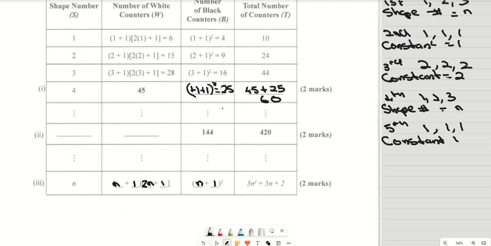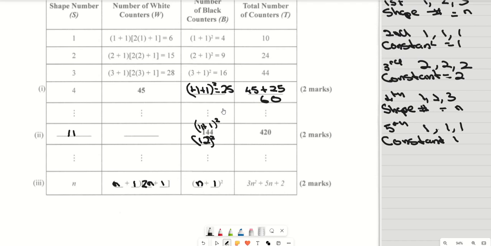The square root of 144 is 12. So we know that it would have been 12 squared, right? And remember, this was something plus 1. So what plus 1 all squared? This would be 11. And this 11 is our 2.